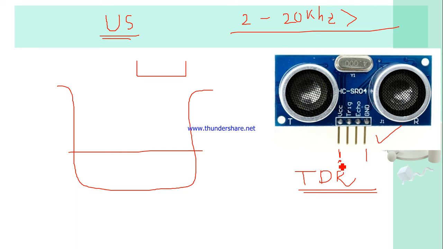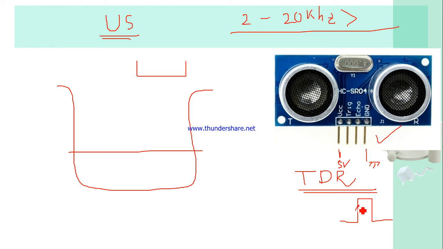So here you can connect the 5 volt, and here the ground, and this is the trigger pin. You can give a square pulse, and this is the echo pin. Once the signal is received by the receiver after reflection, you will receive one echo here. You count the rising edge.